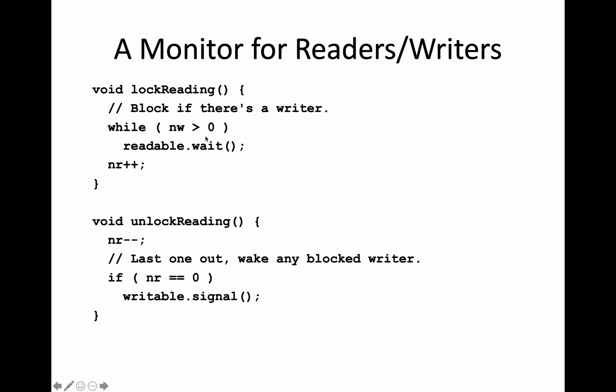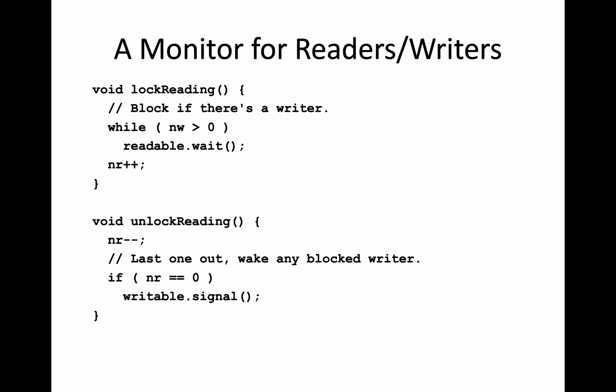While the number of writers is non-zero, you're going to have to wait until this thing is readable. And then eventually, if there are no writers, or if there were no writers to begin with, before you leave this function, you increment the number of readers, because you just got a read lock. This is going to count how many readers have been granted locks, so that when the last reader gives up their lock, we can tell.